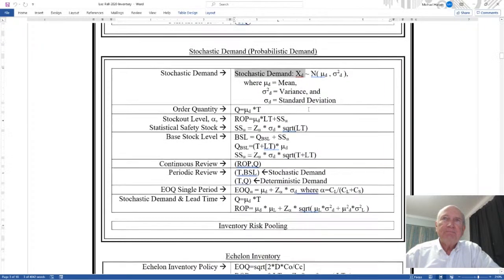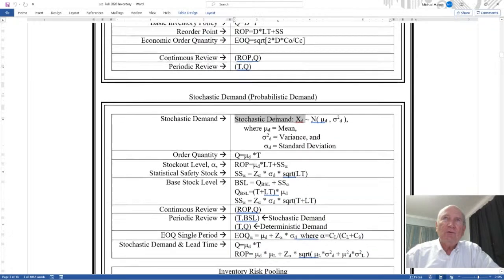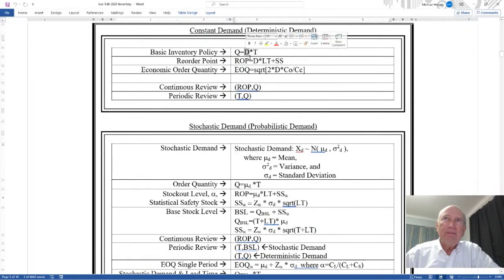Okay, now notice the order quantity here, Q equals DT. When you have stochastic demand, that D is just replaced with the mean. But now the safety stock is replaced with an equation which has to do with stock out levels, variability of your demand, and the lead time.